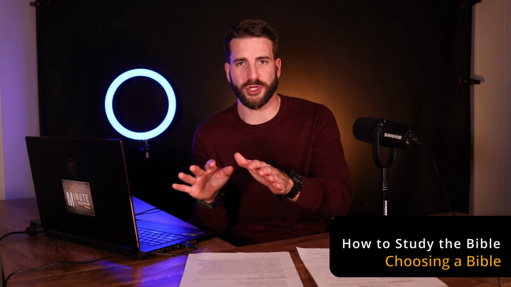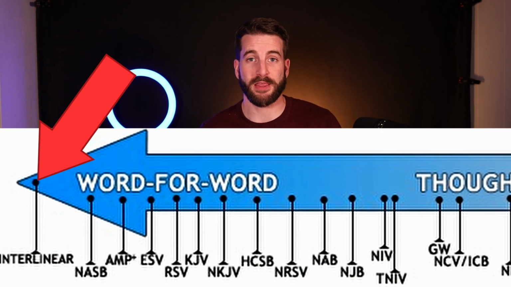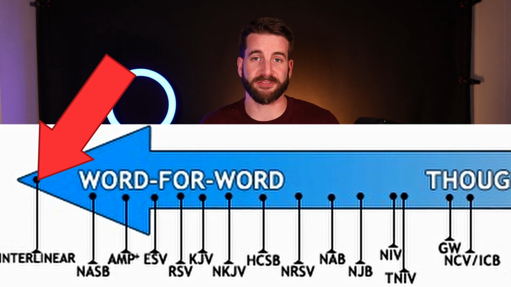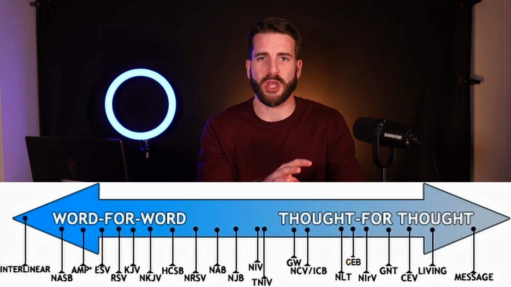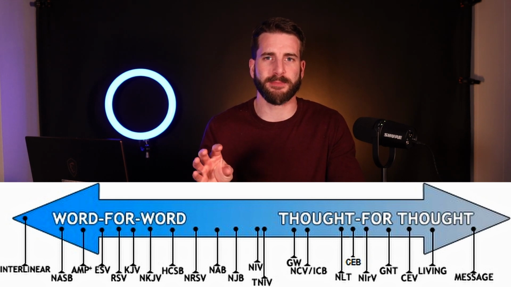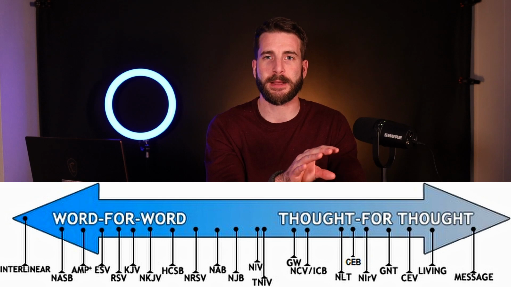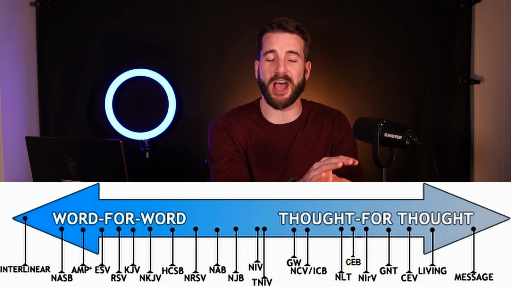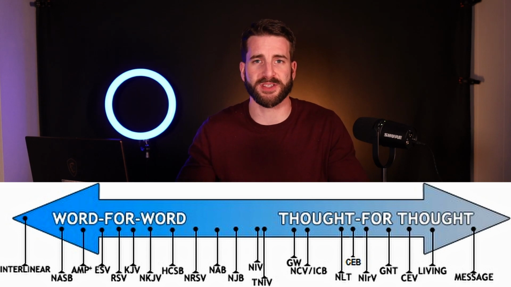So if you look at this chart here, you'll notice on the far left of the chart, there's the Greek interlinear. That would be as literal a translation as you're going to find, but not easy to read. And as you move further to the right, you see translations that get more away from literal translation to free, liberal, loose, thought-for-thought translation, to where on the far right of that spectrum is the Message.